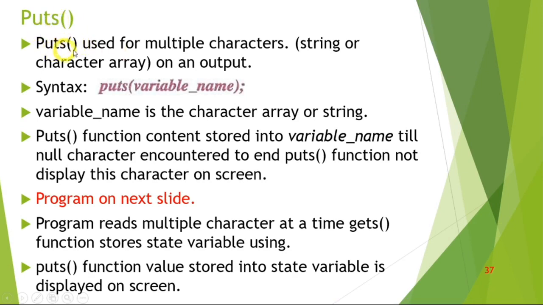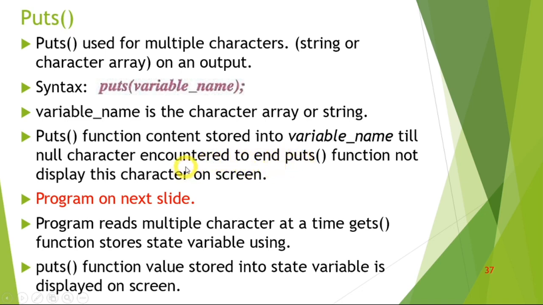Now puts is used for a multiple-character string or character array on output. The syntax is puts, then the variable name. The variable name is the character array or string, right? So the puts function displays the content stored in the variable until the null character is encountered at the end.